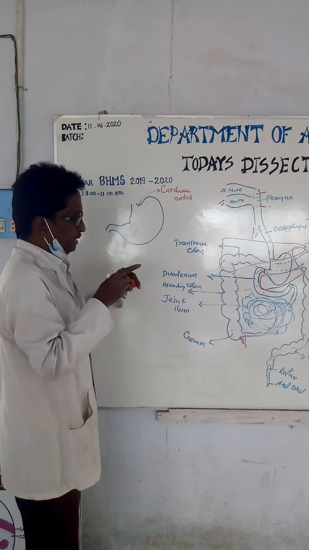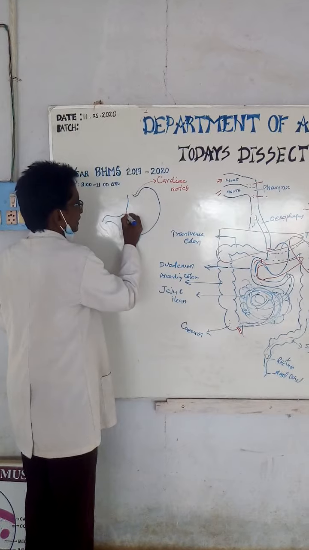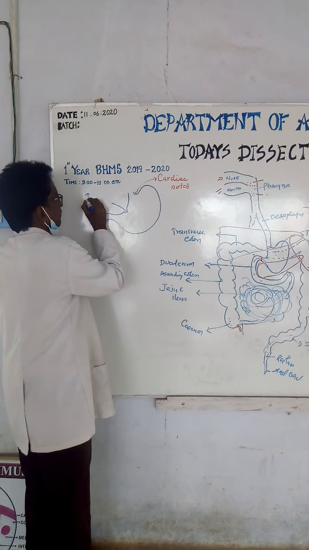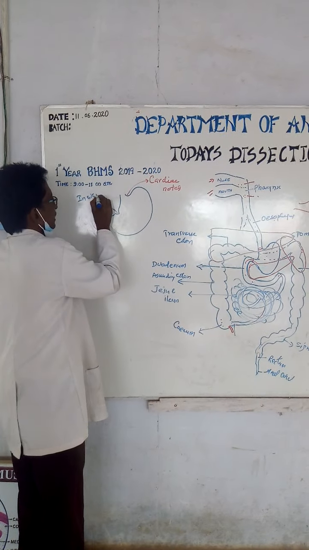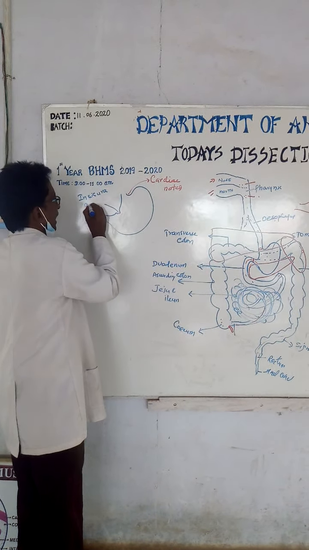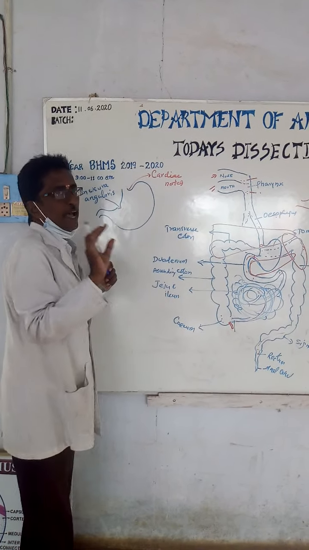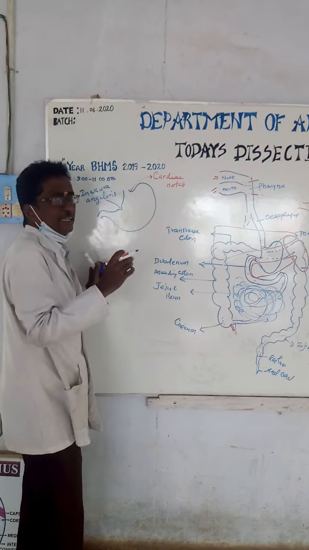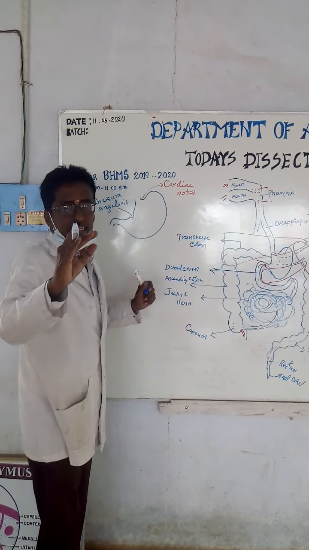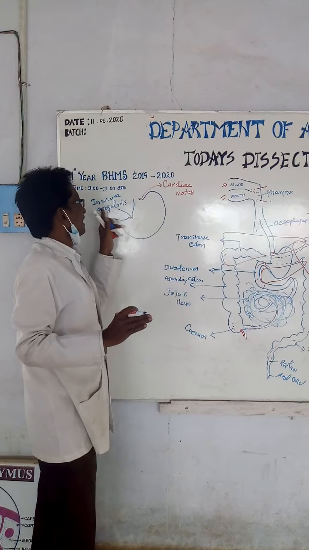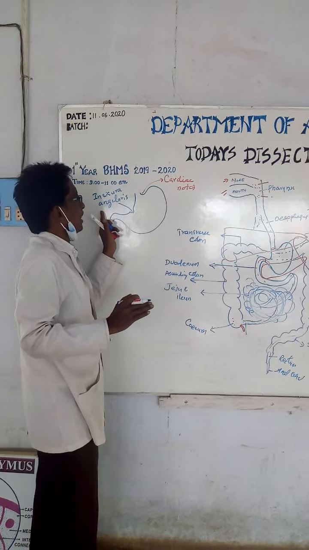This depression is very important, and 2 mark questions are asked repeatedly. This is called the incisura angularis. It is a small depression just below the middle of the lesser curvature.